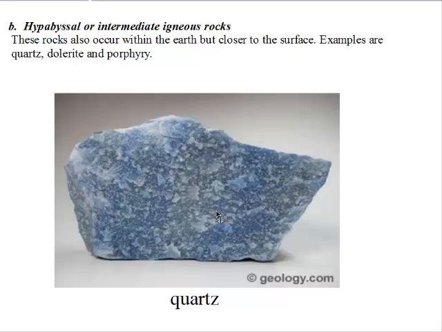While plutonic igneous rocks have large crystals and coarse-grained rocks, hyperbyzar have medium-sized crystals and fine-grained texture. So you can see the crystals here, medium. They are not large, neither are they small. At least you can see.